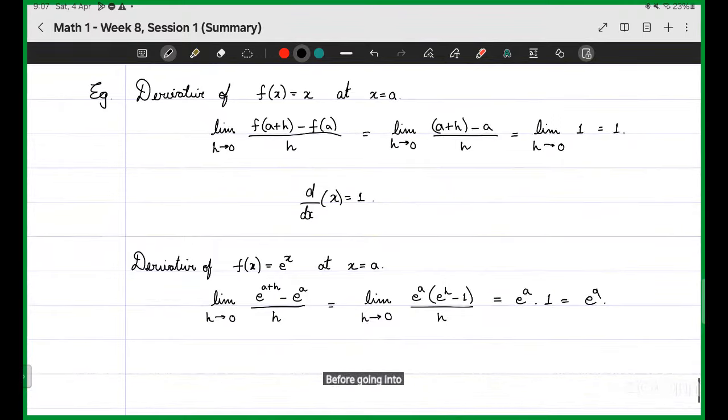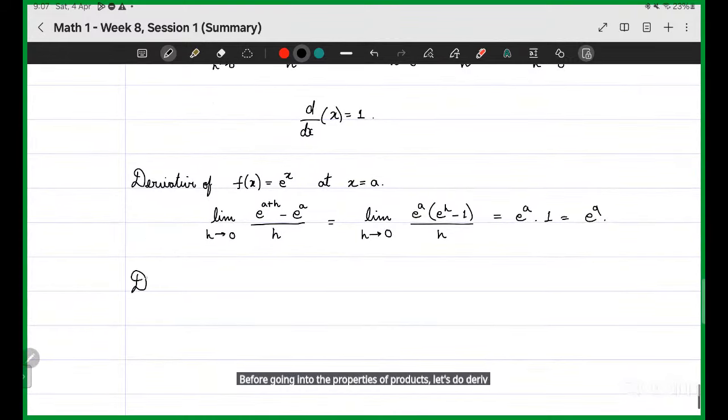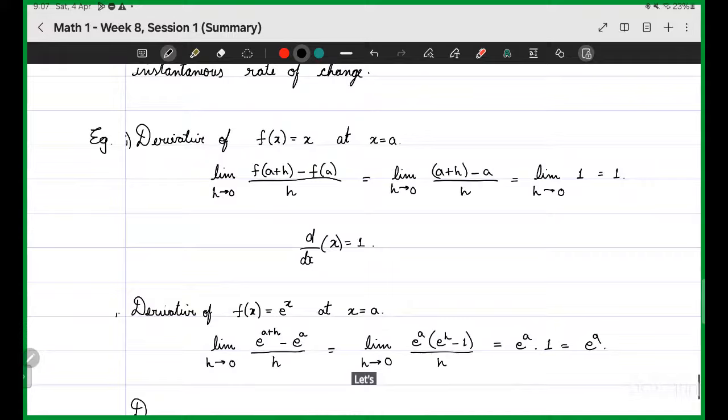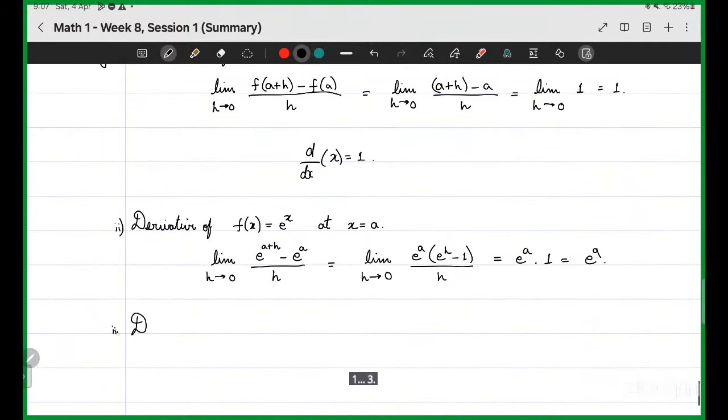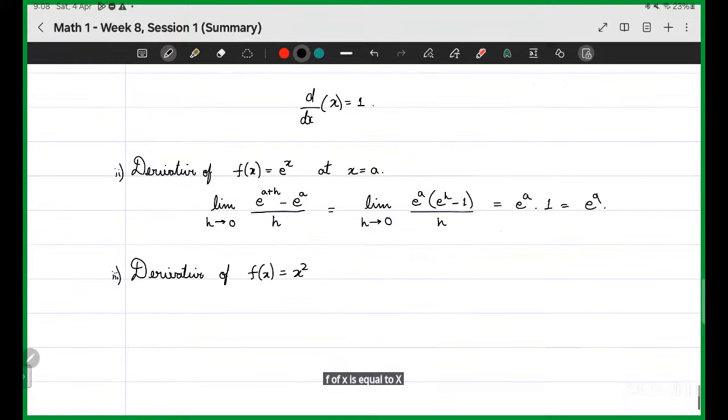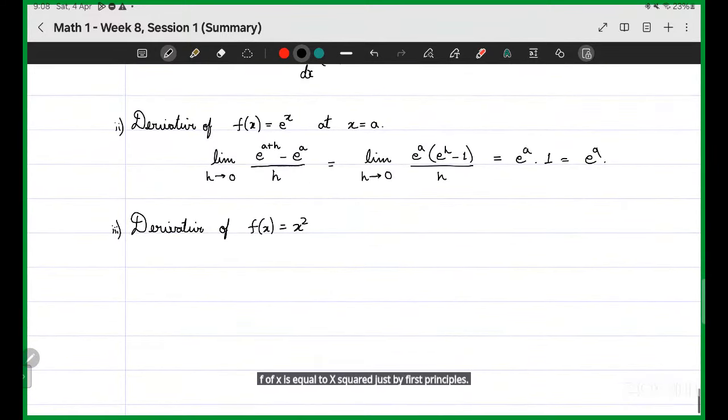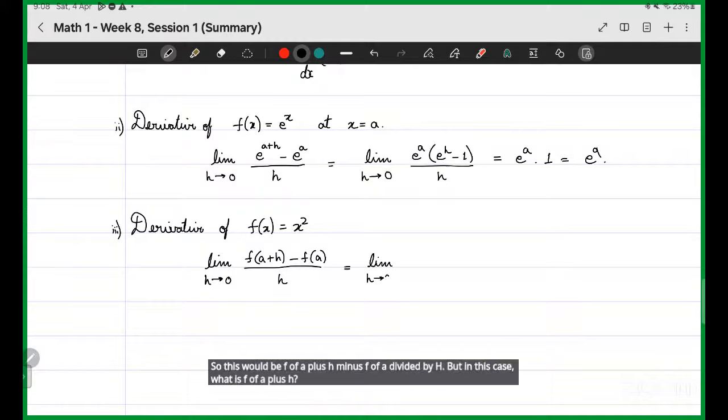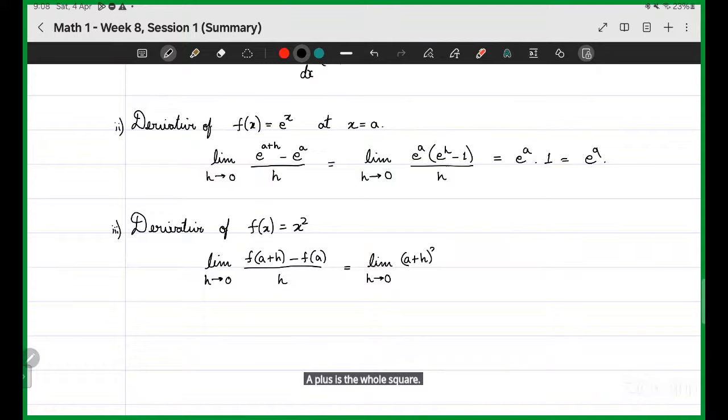Before going into the properties of products, let's do the derivative of, let's call this 3, f of x equal to x square just by first principles at x equal to a as usual. So this would be f of a plus h minus f of a divided by h. But in this case, what is f of a plus h? a plus h the whole square. So it's a plus h the whole square minus f of a, which is just a square, divided by h.